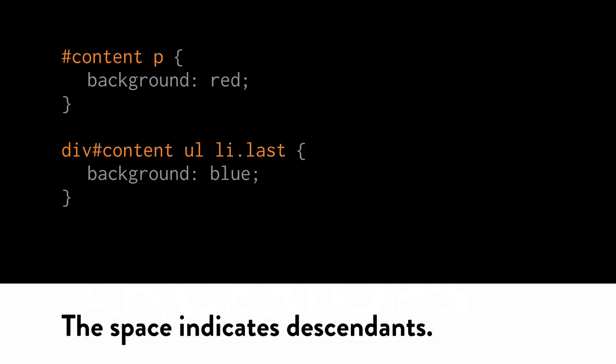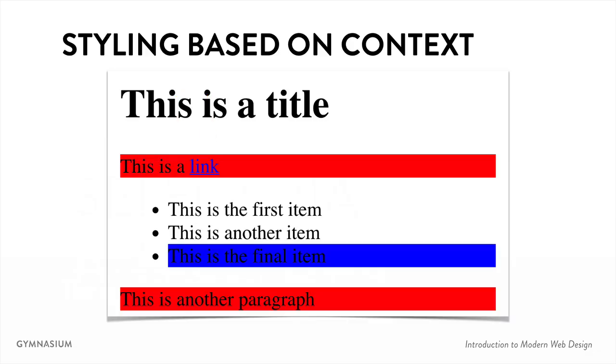In the second example, div hash content space ul space li.last, this selects any list item with a class of last that is a descendant of an unordered list that is a descendant of a div with an ID of content. That's a very specific selector. And here we see those style rules applied.